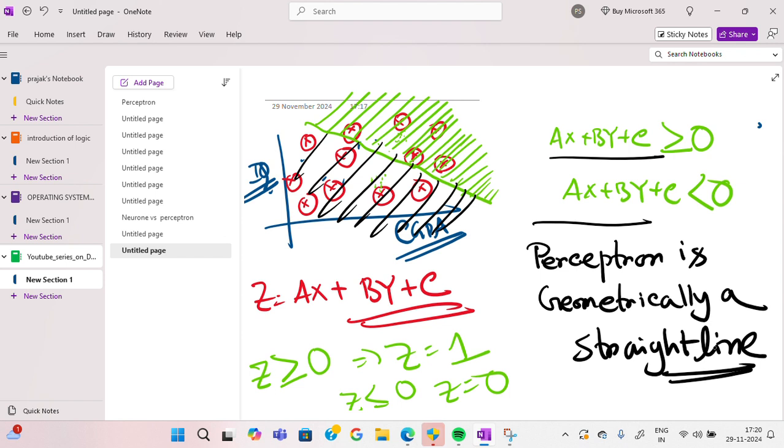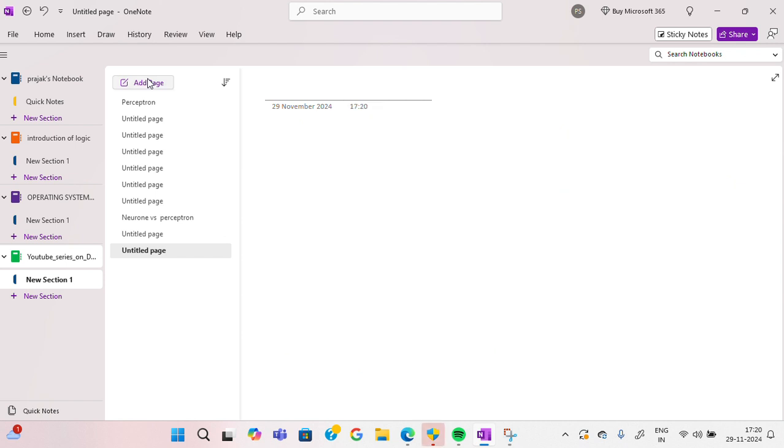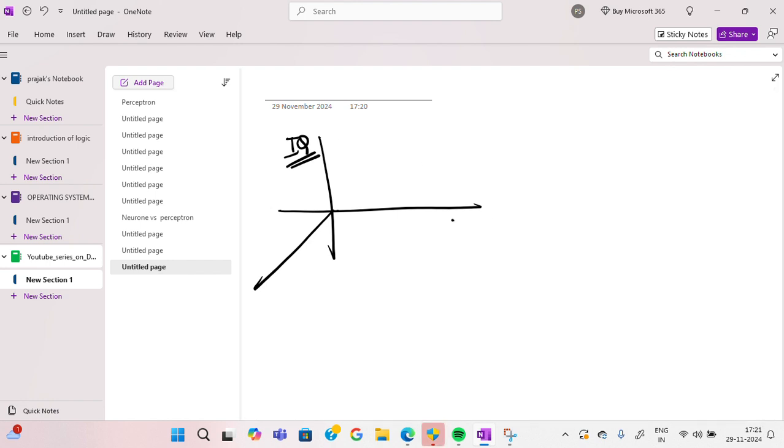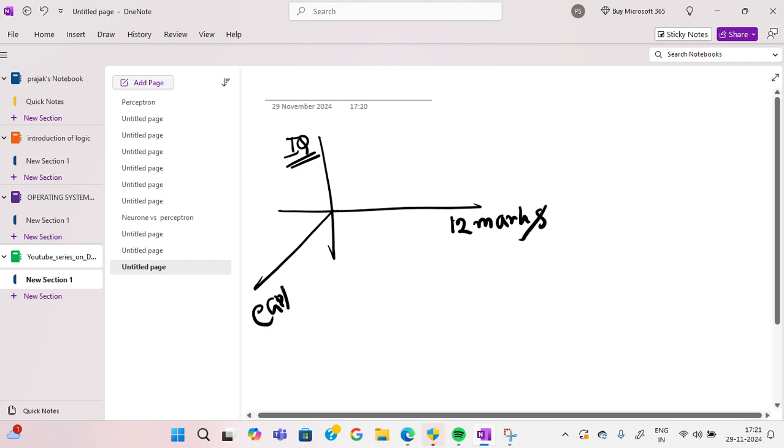That means we are taking three input variables at a time. What will be the case for that scenario? One is IQ, let's say one is our class 12 marks, and one is our CGPA.